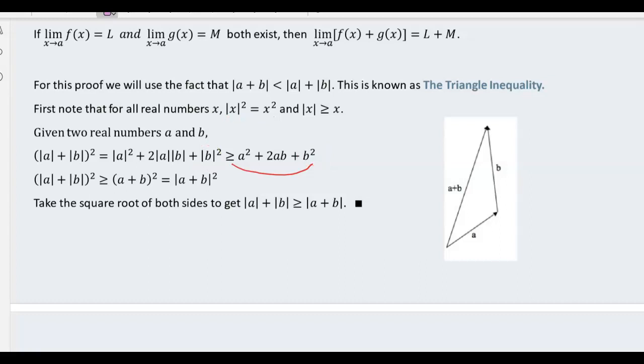And then looking at the middle term here, the absolute value of a is going to be greater than or equal to a, and the absolute value of b is going to be greater than or equal to b. So that's where this greater than or equal symbol is coming in, because we're saying that 2 absolute value a, absolute value b is going to be greater than or equal to just 2ab, dropping the absolute value symbols.